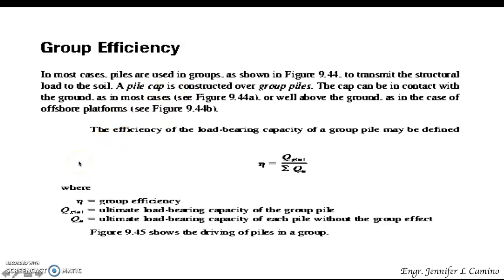The efficiency of the load-bearing capacity for a group pile can be defined as the ultimate load-bearing capacity of the group pile over the summation of the ultimate bearing capacity of each pile without the group effect.